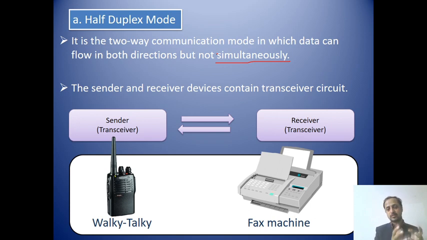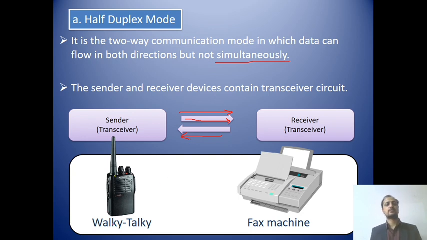That means the previous sender now becomes the receiver, and the previous receiver now becomes the sender. Very simple idea. These two lines here represent that data can flow in this direction as well as in this direction, but not simultaneously.